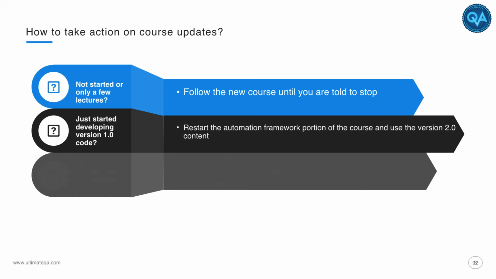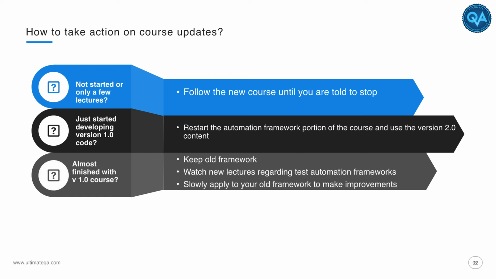And then there's the third group. This is the group of people that has almost finished the version 1 course. So if you're deep into test automation using the version 1 framework, you already have it developed, you're already using it at your work, then my recommendation is that you keep the old framework. As you keep the old framework, you should still watch the new lectures regarding version 2 test automation frameworks. As you watch those lectures, slowly apply your new knowledge to your old framework design to move it in that direction.